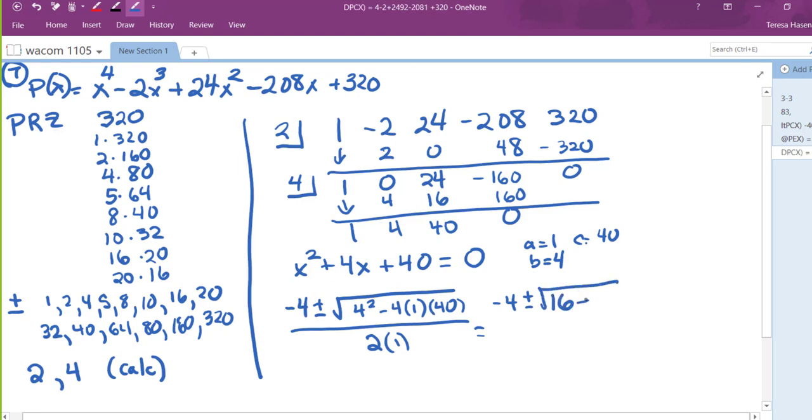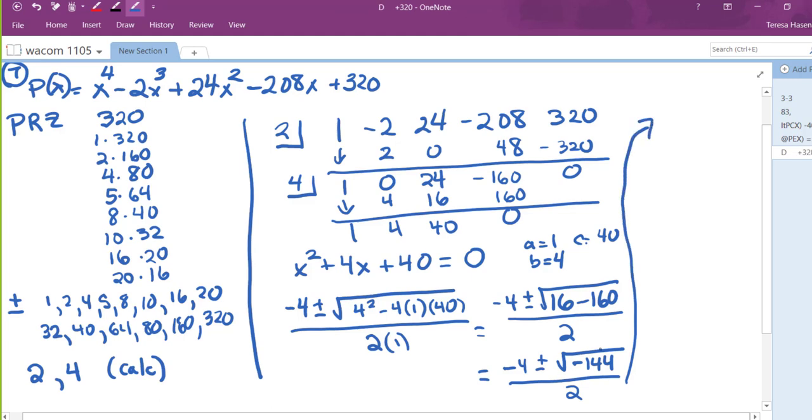And this is minus 160 over 2. And we'll go down one more level here. -4 plus or minus square root of -144 over 2. And then we'll go up.